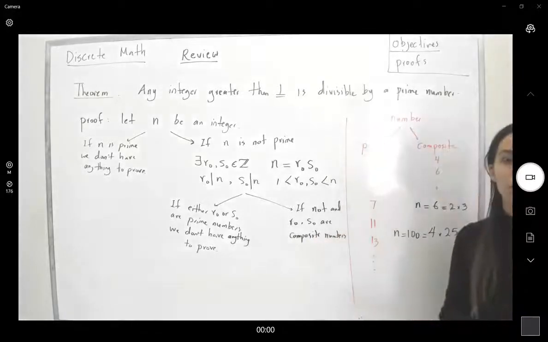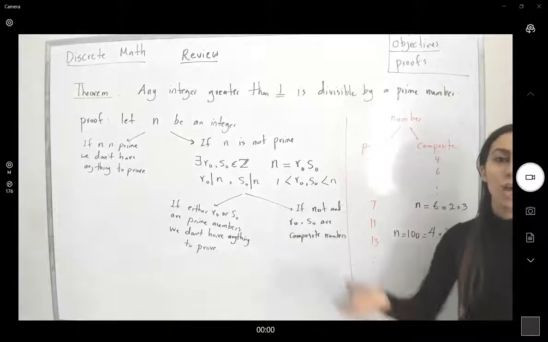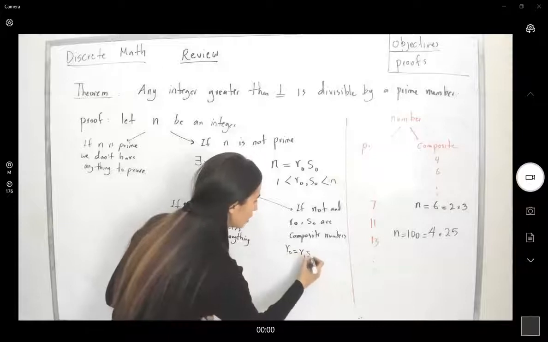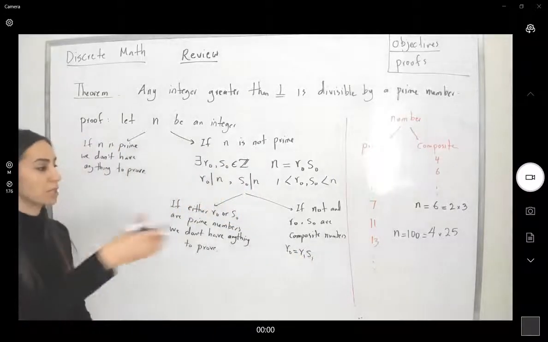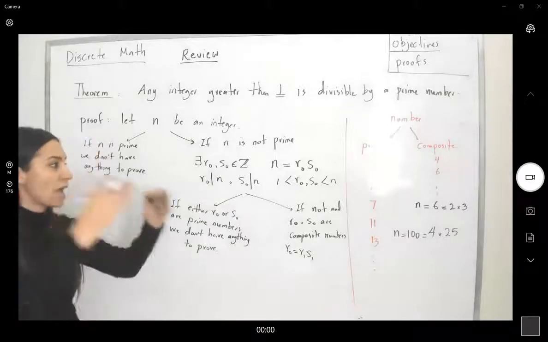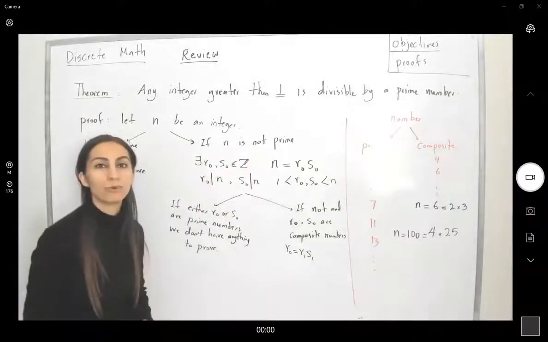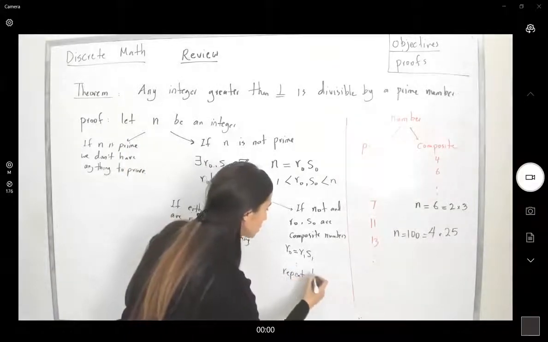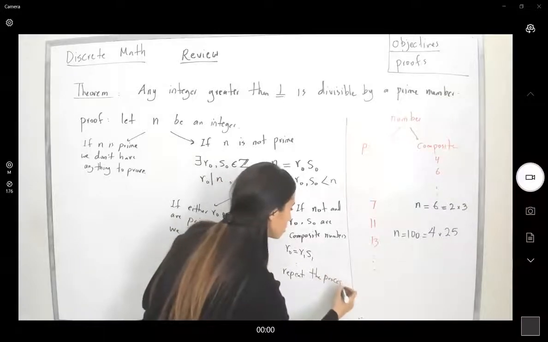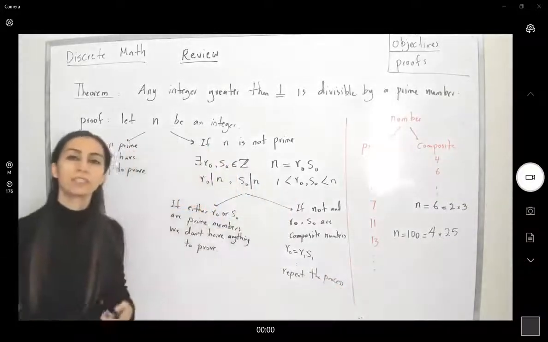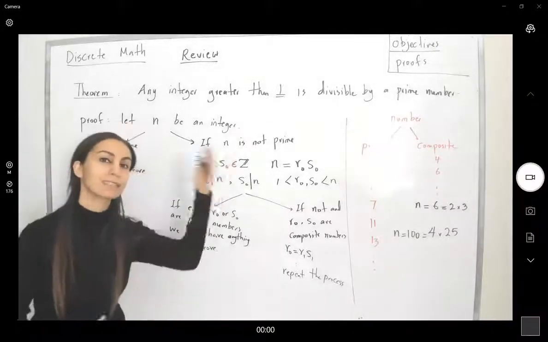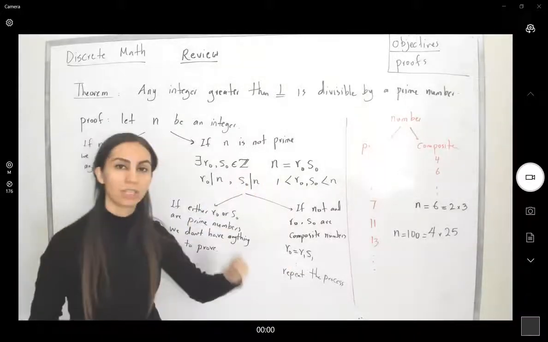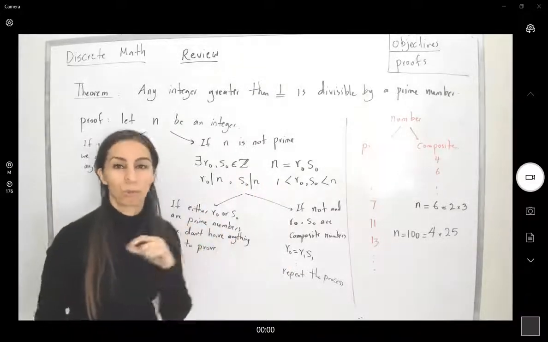If r sub 0 and s sub 0 are composite numbers, it means that r sub 0 can be written as the multiplication of two other numbers, r sub 1 s sub 1, and s sub 0 can be written as the multiplication of two other numbers, and we have to repeat this loop. Repeat the process. When you repeat this process, eventually, at some step, you get to the step where the multiplication includes at least one prime.